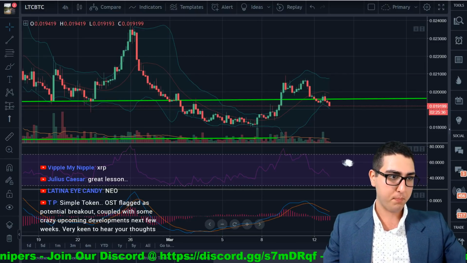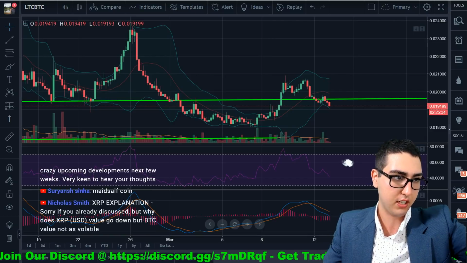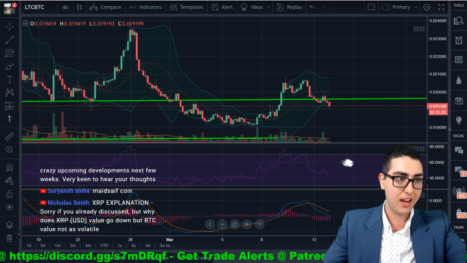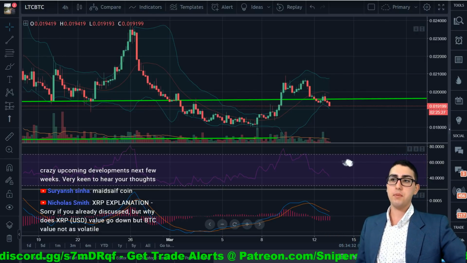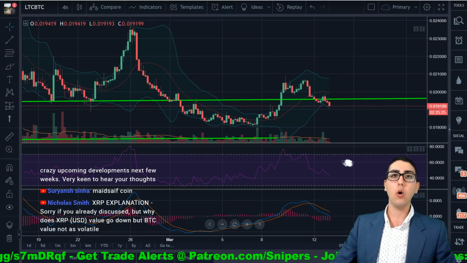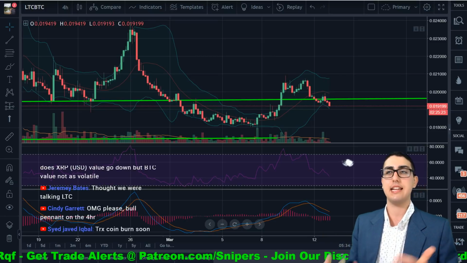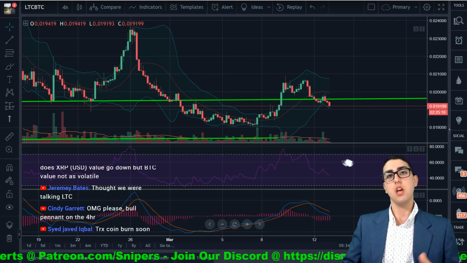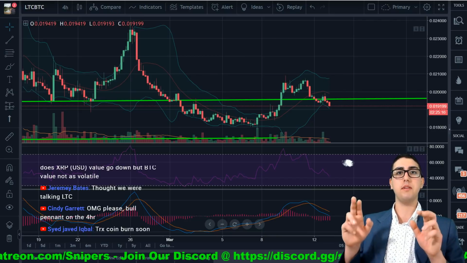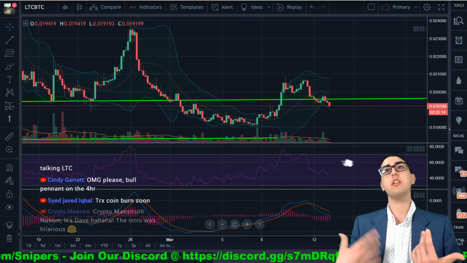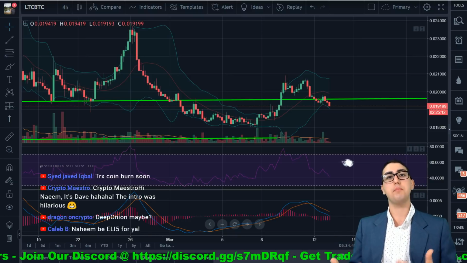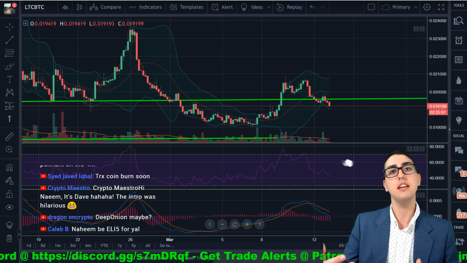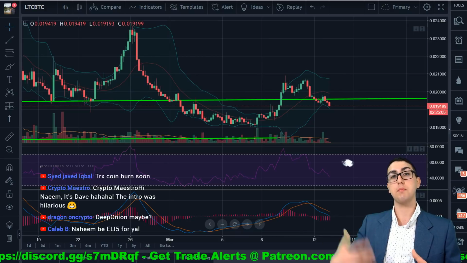Somebody says XRP explanation. Sorry if you already discussed, but why does XRP value go down but BTC value not as volatile? Nicholas Smith. Well, XRP, just like Encash, right? It had all of this hype. When you see a coin that has hype, you have to be careful with where you keep your money, because I understand some people want to be long-term investors in this market, but in my opinion, a long-term investor in this market doesn't have to put themselves in a position where they're going to be negative in their portfolio if they know they can prevent it by setting up proper stop losses and risk management techniques.